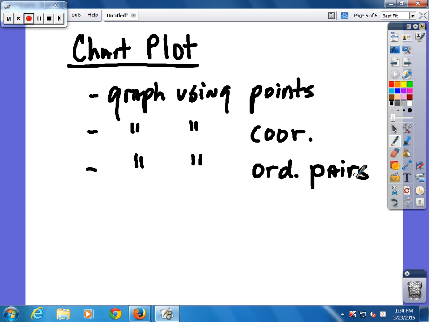That's what your directions will look like on the test or homework. If it says graph using points, coordinates, or ordered pairs, it wants you to do method 1. If you try to do method 2 or method 3, it's going to mark it wrong, and it will know based on how you're plotting the points. Okay?